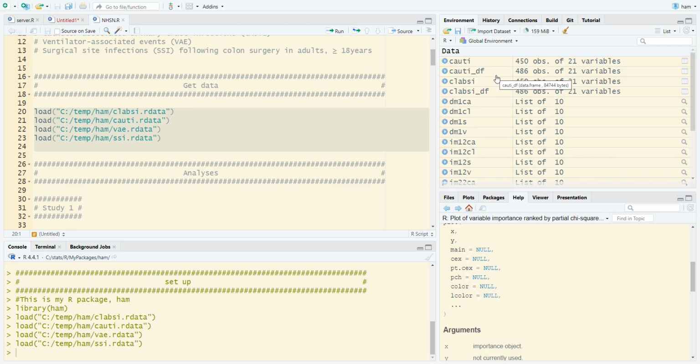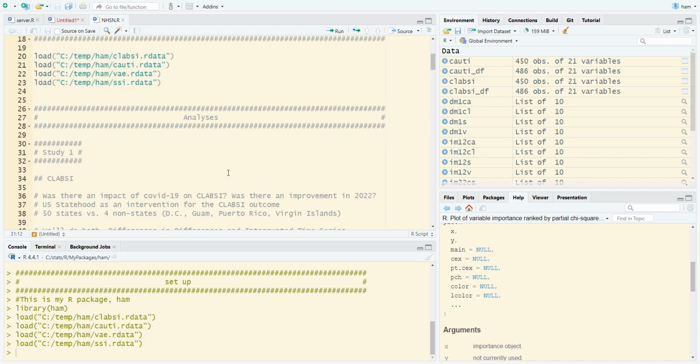So it includes non-states and states. Whenever you see data ending in that underscore DF, that indicates the full data, not just the 50 U.S. states, which are not denoted with that underscore DF. For example, CAUTI has just the 50 states.